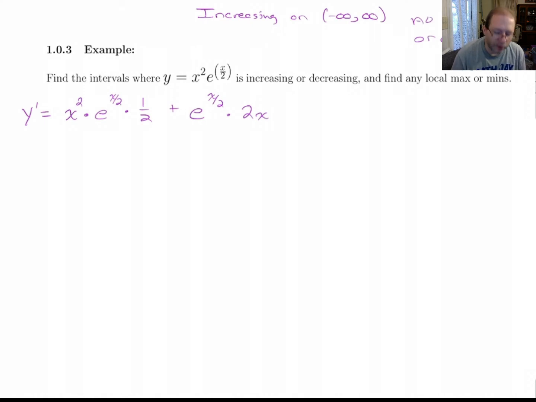Now both of those terms have an e to the x over 2, and both of them have an x. So let's factor that out. X times e to the x over 2 times, let's see, over here that leaves us with an x and a half. So 1/2 x. And then over here leaves us with a 2.